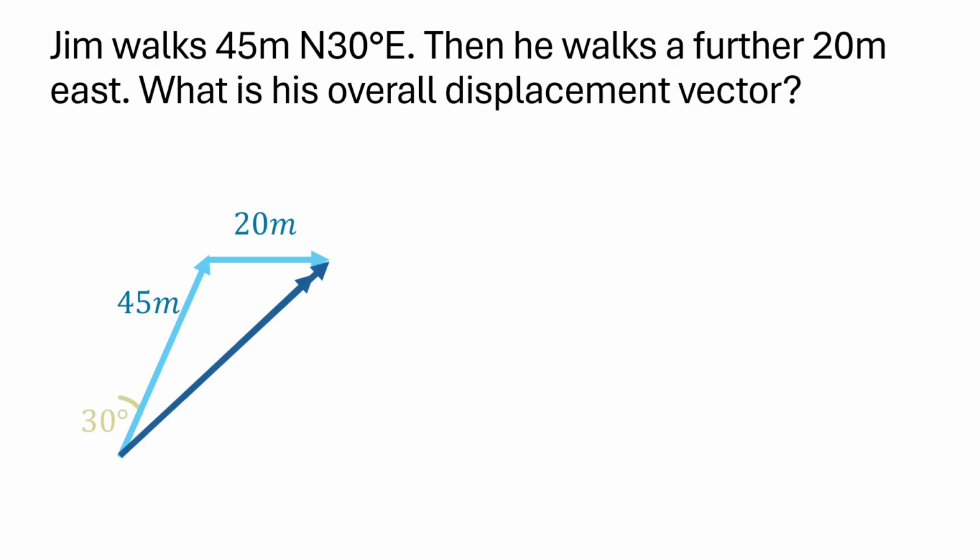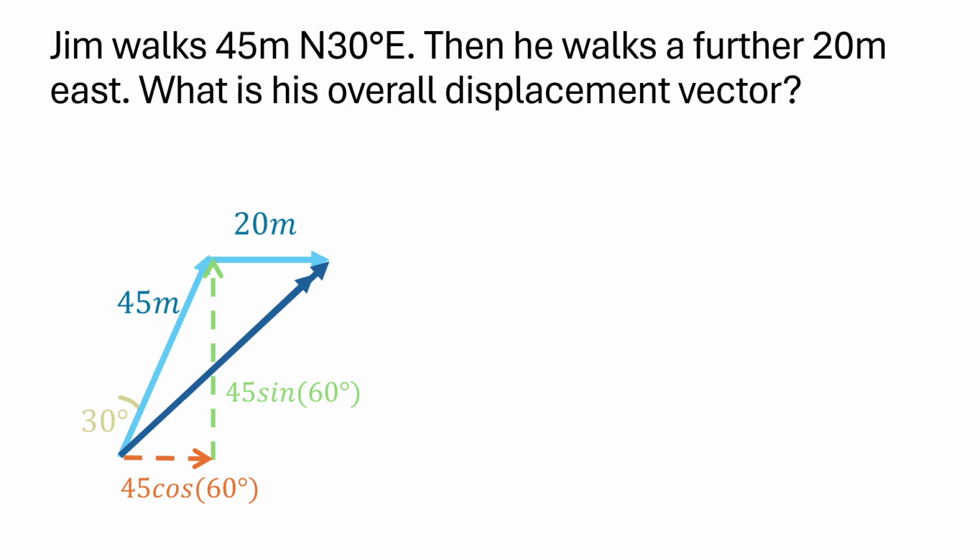Now let's resolve the 45 meter vector into its horizontal and vertical components, which will be 45 cosine 60 degrees to the east, and 45 sine 60 degrees upwards. Now it's worth mentioning that the 20 meter vector is acting towards the east, which means that if we were to resolve that, it would have a vertical component of 0.